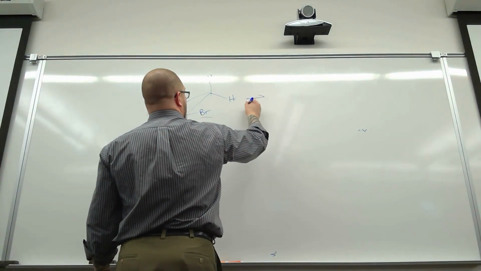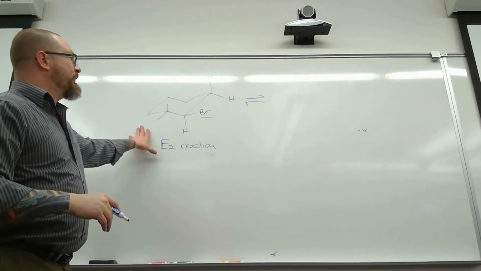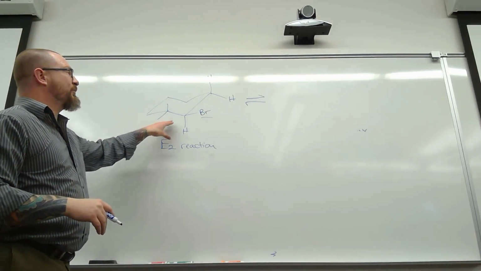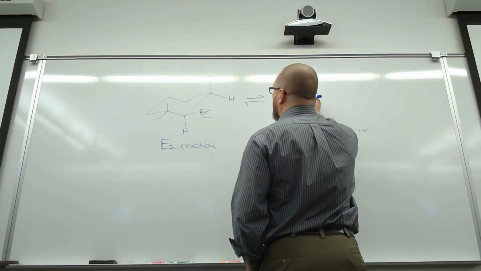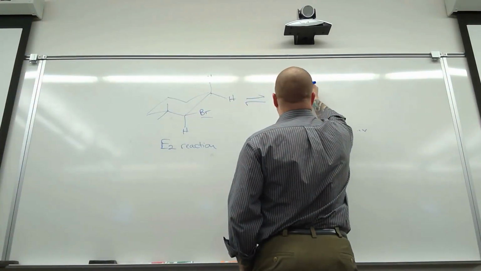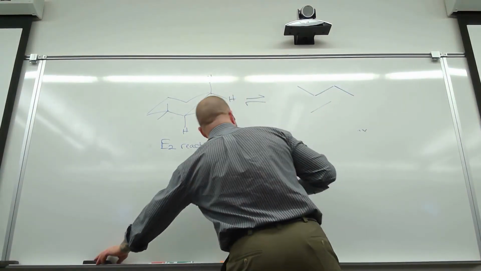However, if we ring flip this, and it doesn't matter if it's the preferred product or not. This would be slightly preferred because the bromine will be out on the equator. Slightly preferred because there's no steric interaction. So if we redraw this, whoa, that is not good.